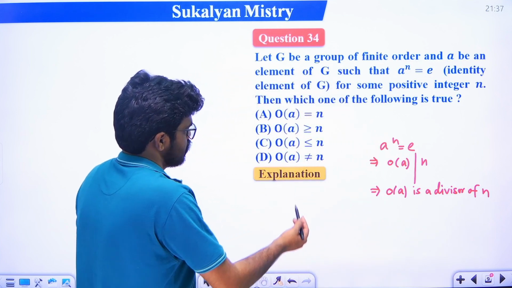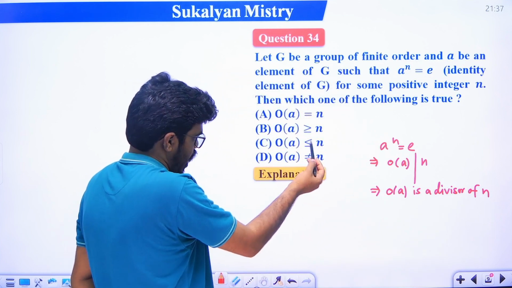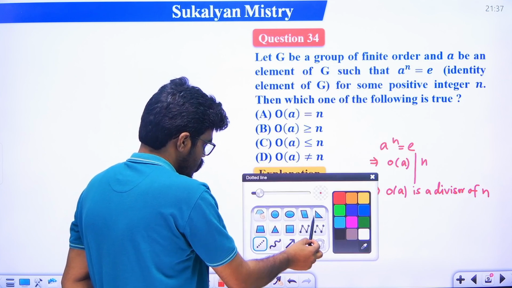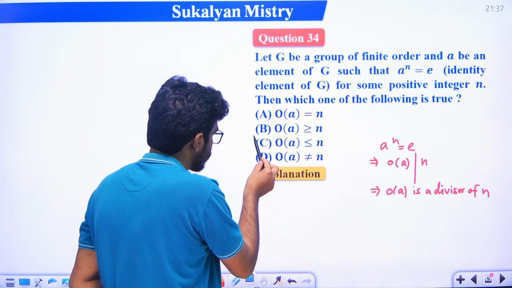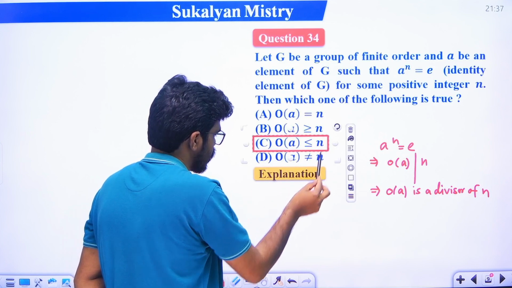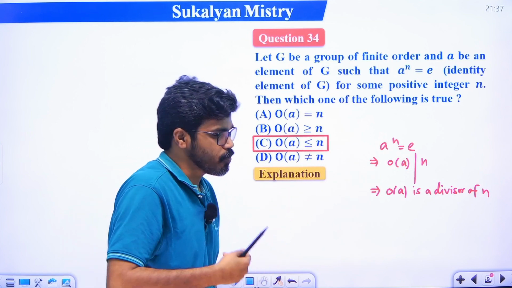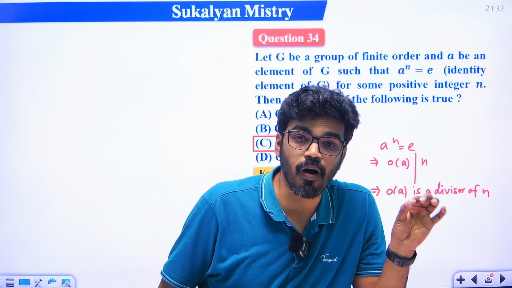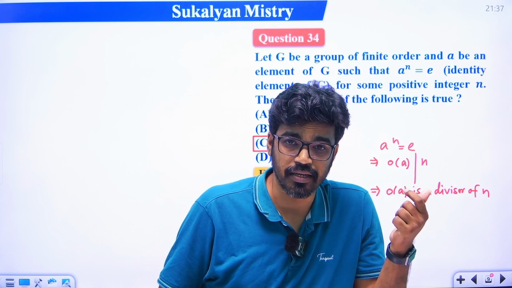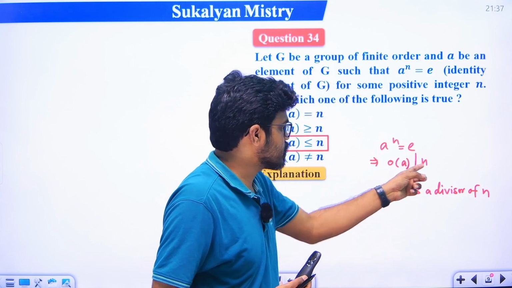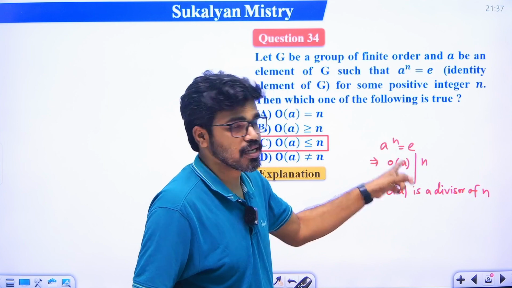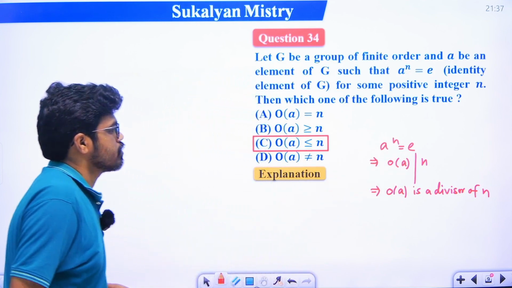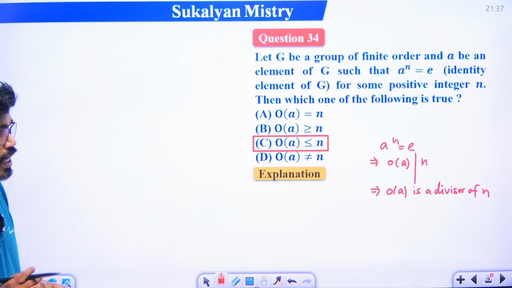Then what can the order of a be? Either it is equal to n or less than or equal to n. So basically which option is correct, option C is the correct answer. If a to the power n is equal to e, that means order of a is a divisor of n, so order of a either is equal to n or it must be less than or equal to n, okay, so option C is the correct answer.